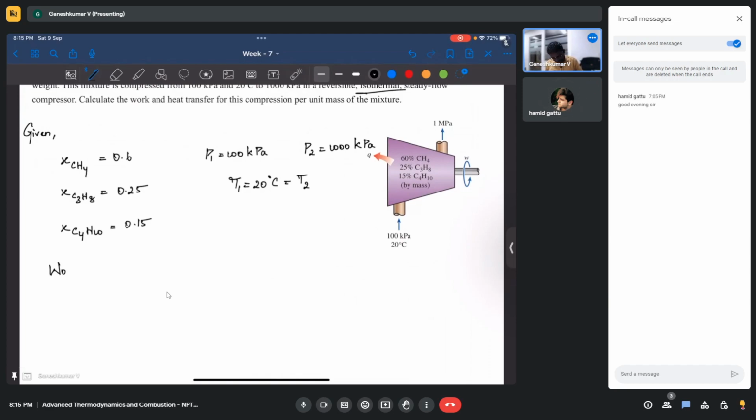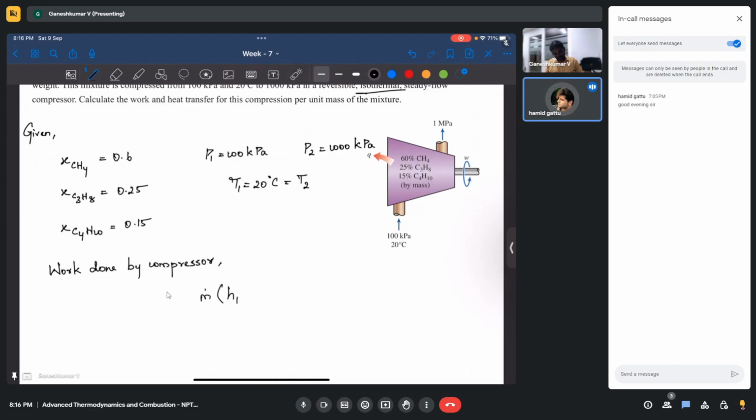How do we find the work done by the compressor? We should use the steady flow energy equation. Kinetic and potential energy will be 0.